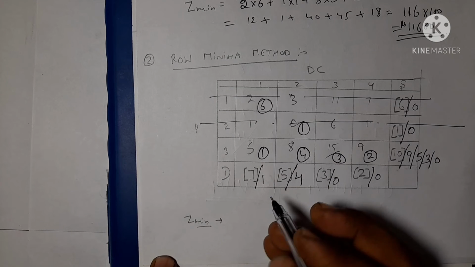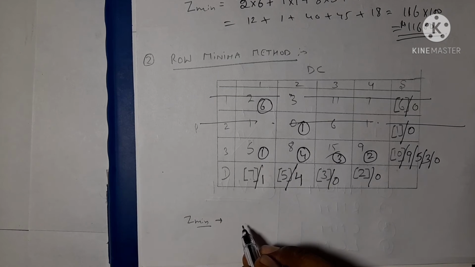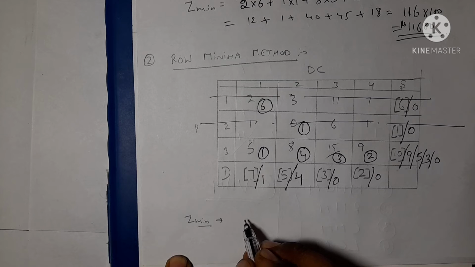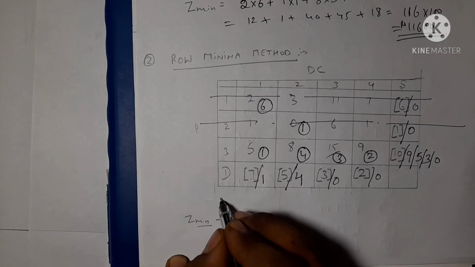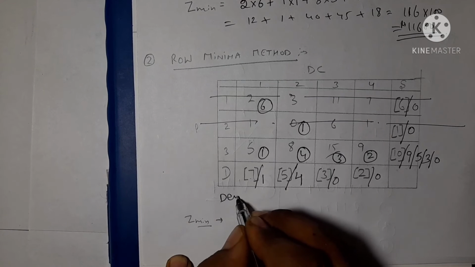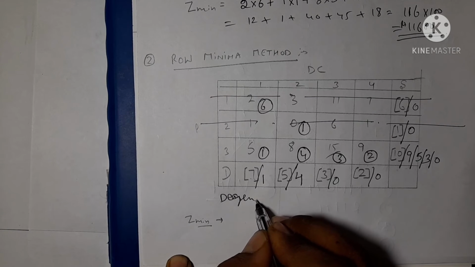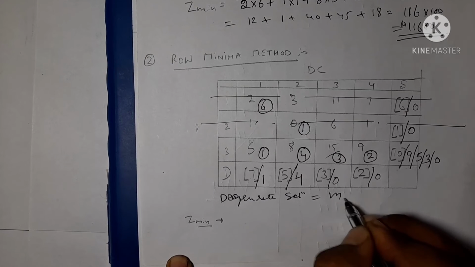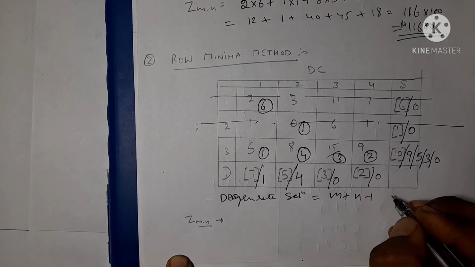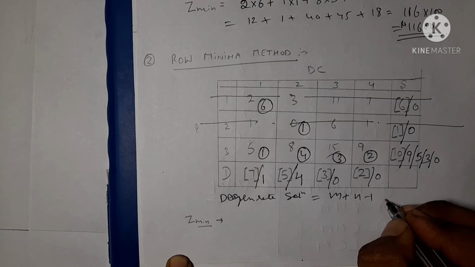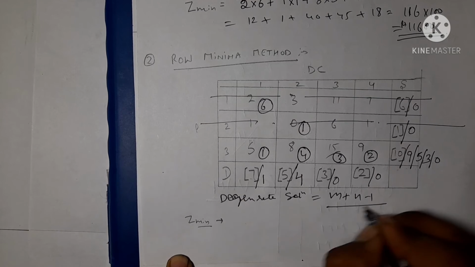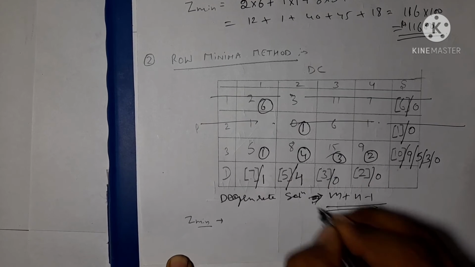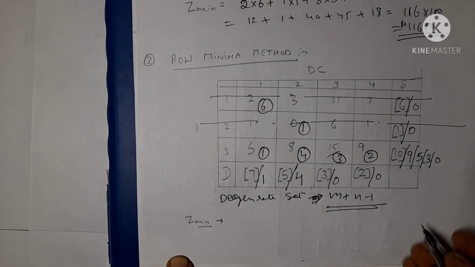Okay, the cost. One thing more, in the previous discussion we talked about the degenerate solution. In a degenerate solution, we check m plus n minus 1; if the allocations are less than m plus n minus 1, then it is a degenerate solution.